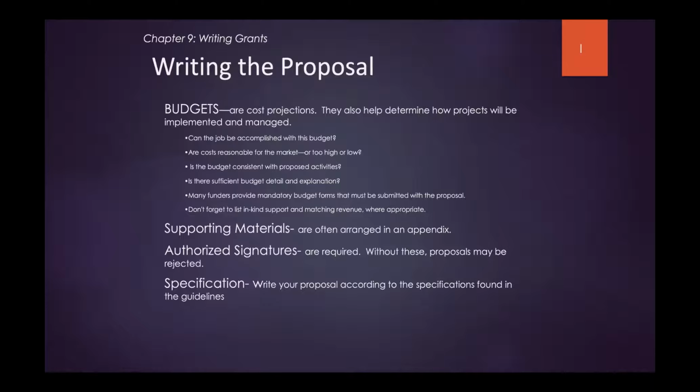Sometimes you might need authorized signatures. I see that more digitally these days, or not at all. But again, this is something that might be required. And sometimes there are levels of people that might have signatures.